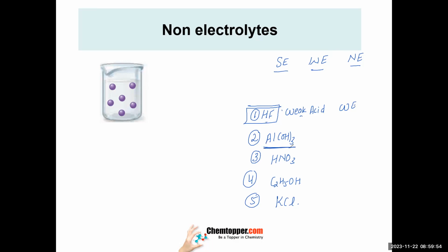What is this? It's a base. Strong base, weak base. Weak base. So, weak electrolyte. What is this? It's an acid. Remember, I gave you 7 formulas. It is one of them. So, strong electrolyte. What is this? It's neither an acid nor a base. It's an organic molecule. You see, non-electrolyte. What is this? It's an ionic compound of the first group. It's a strong electrolyte.